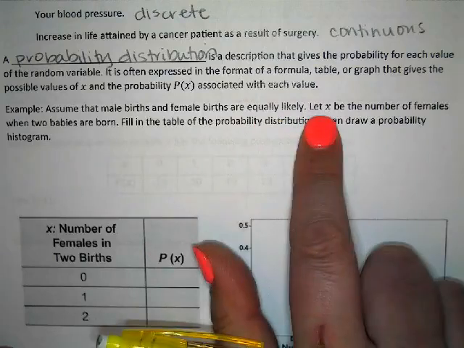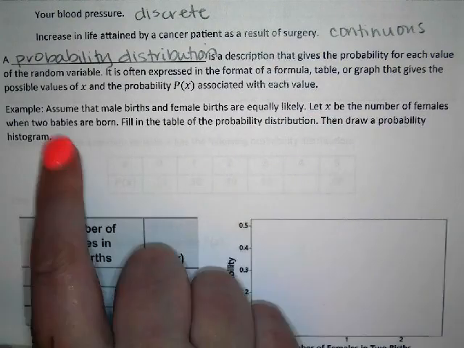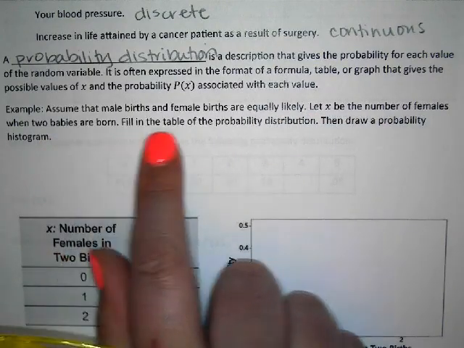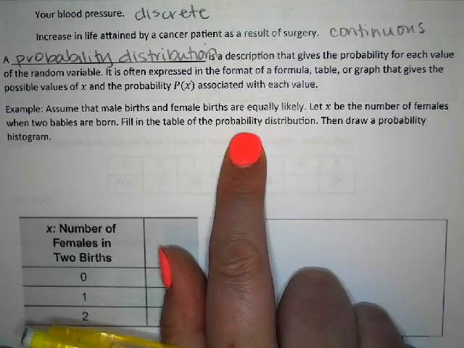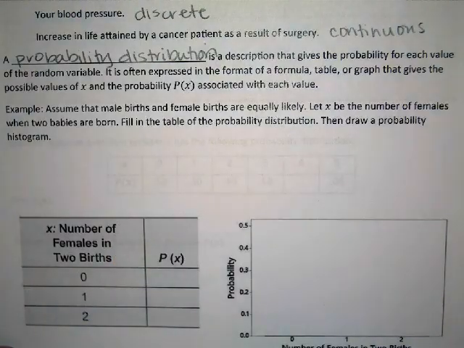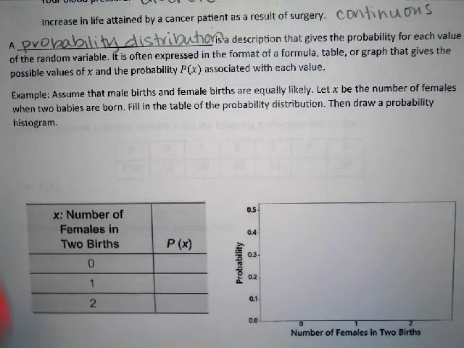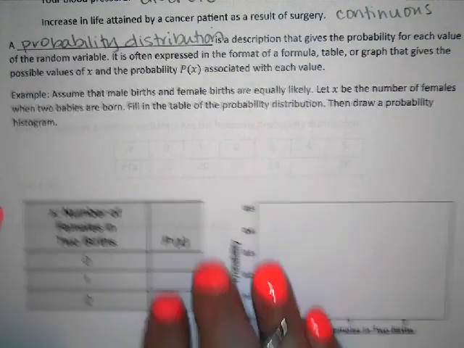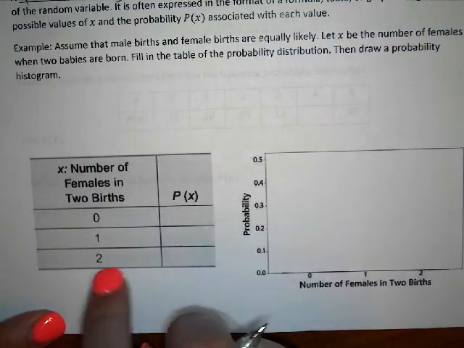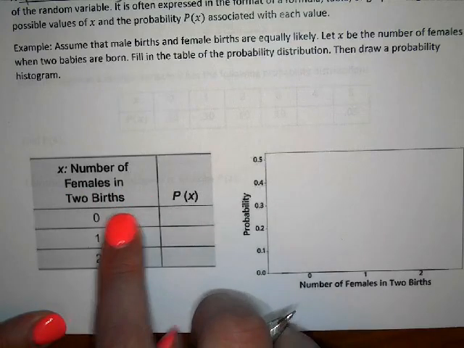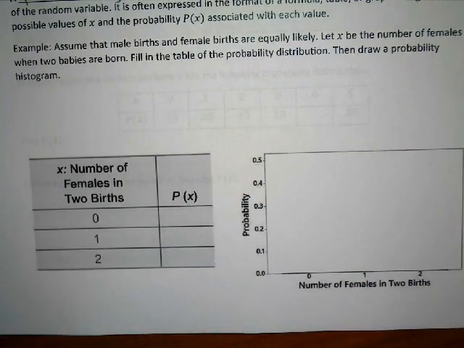So let X be the number of females when two babies are born, fill in the table of the probability distribution, and then draw a probability histogram. Okay, so what we're going to do first to fill this in, where X is the number of females in two births, is we have to figure out what all of our options are if there are two babies born in a row.